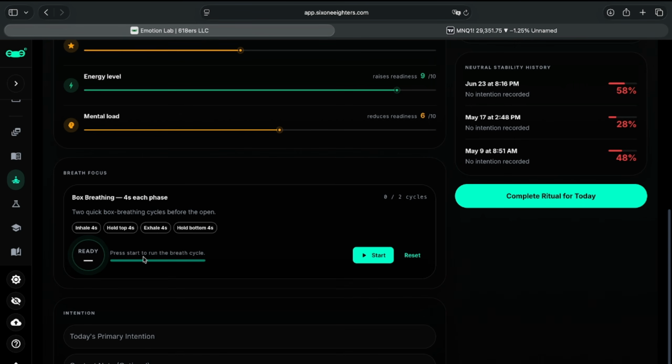What I also always do to sharpen my focus is box breathing. What you do is basically inhale, hold it, and exhale, and hold it again.